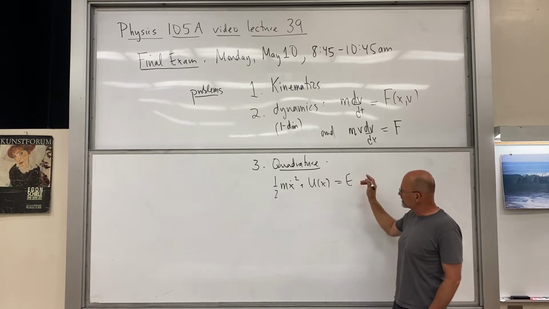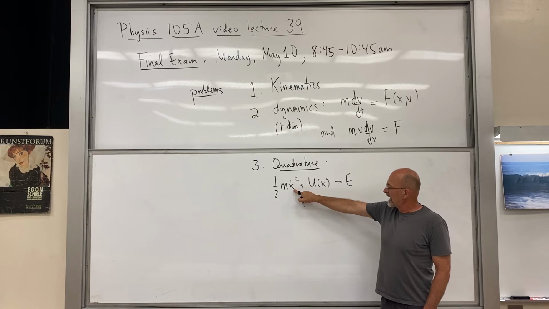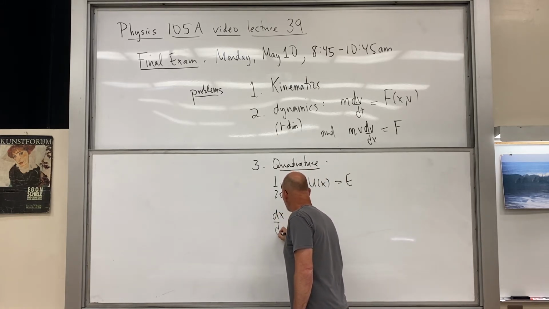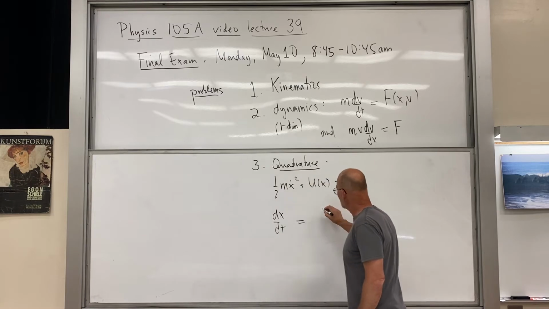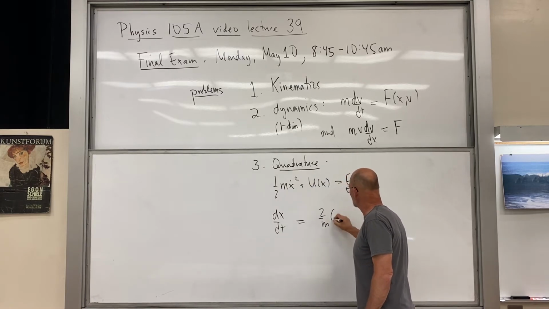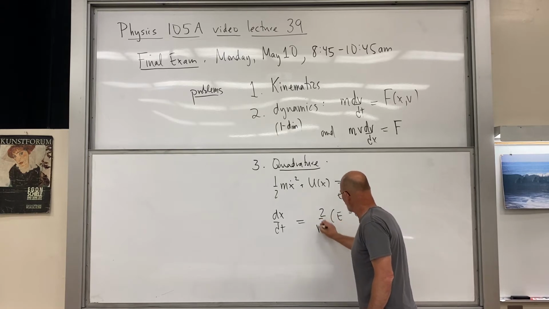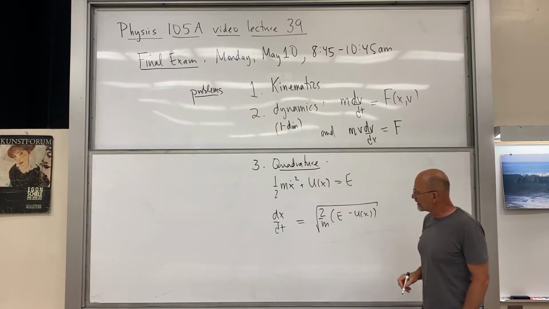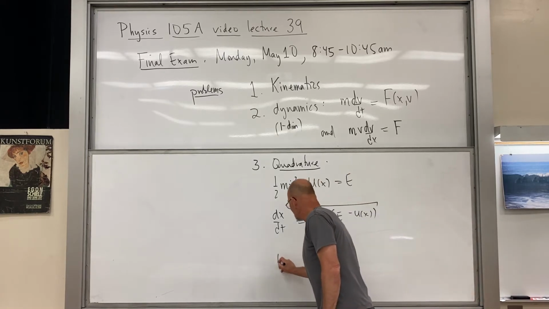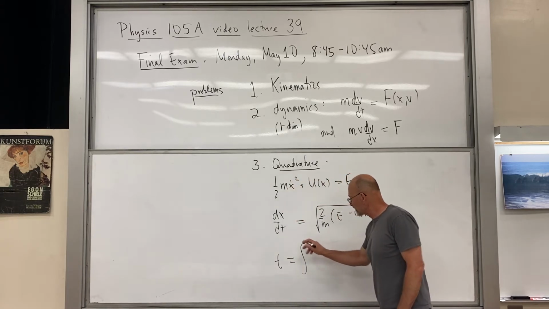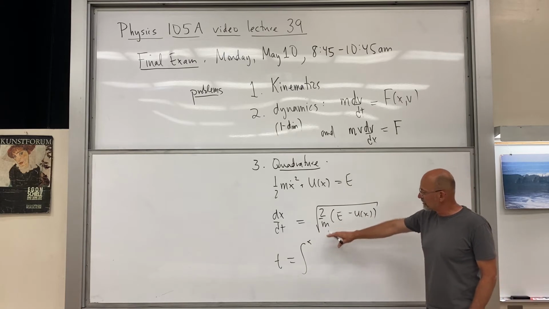We've used conservation of energy, and then we solve for dx/dt equals the square root of 2/m times (E minus U of x), and we end up finding t as an integral of something in terms of x.